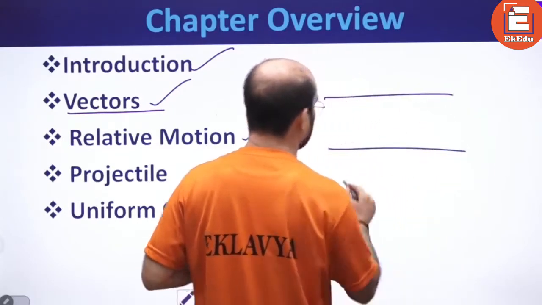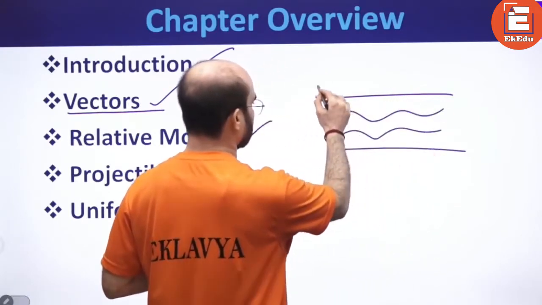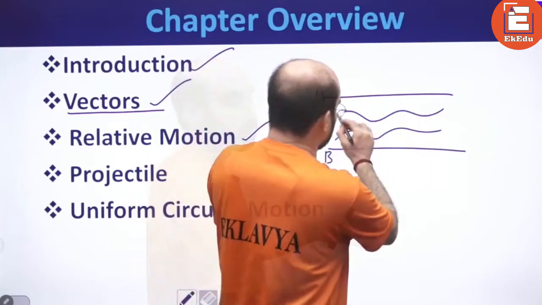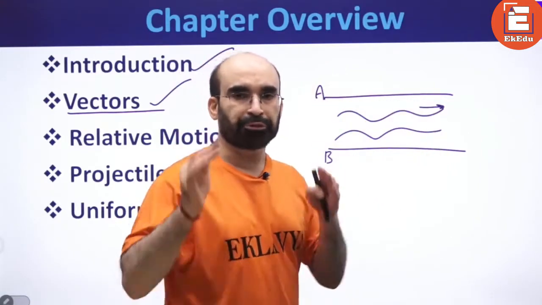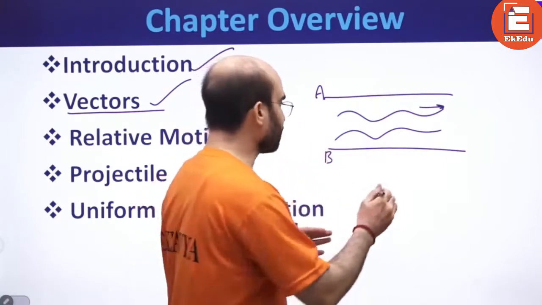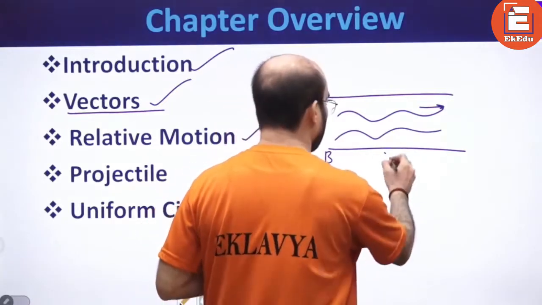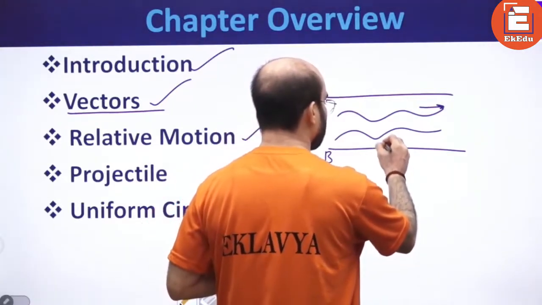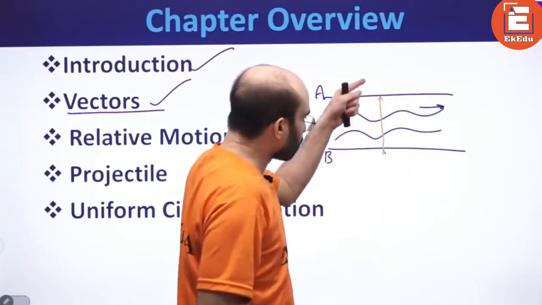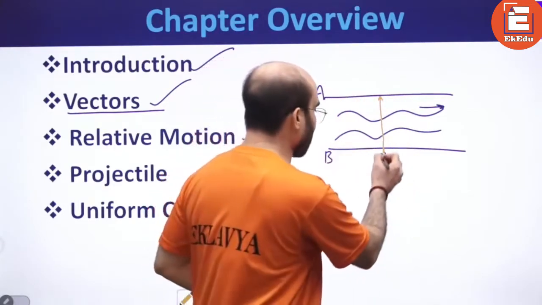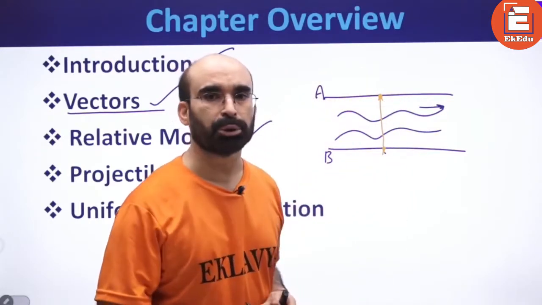This is the river, two banks of the river. This is bank A, bank B, right? Here, this is the flow of river. This is the direction of flow of the river. If you wish to cross the river, let's say you have started from here, you will start swimming in this direction, but you will not reach exactly at this point straight, you would not be able to reach here.